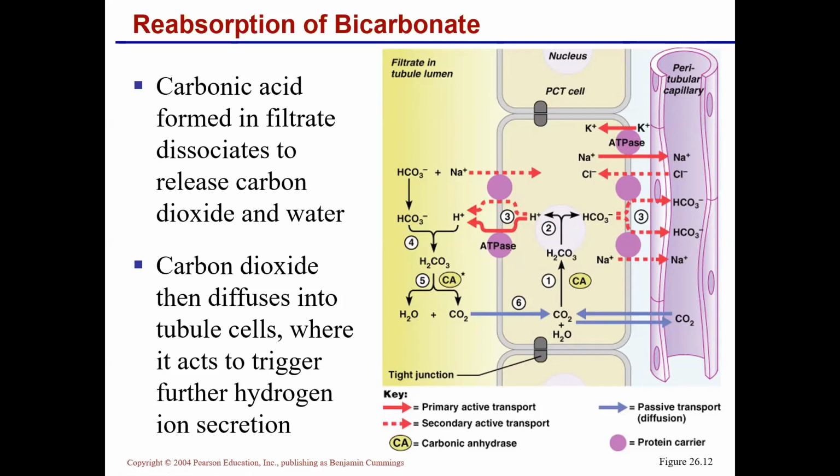Every time you reabsorb a bicarbonate ion, a hydrogen ion will be secreted into the filtrate. This is why this mechanism is called reabsorption of bicarbonate ion coupled with hydrogen secretion.